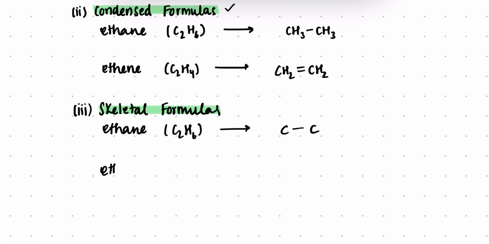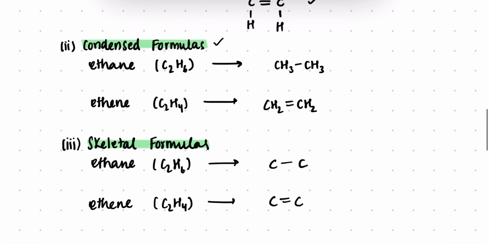Now, ethene, which is C2H4, would just be this. So skeletal formulas just show the bonds between carbons and other atoms other than hydrogen.